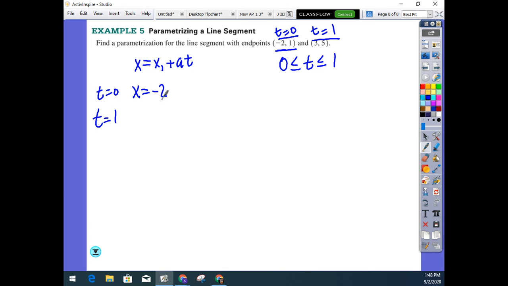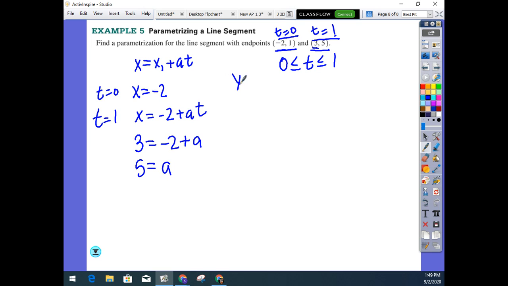We keep this general point from 0, and then we're going to use this point, this x and t is 1. So when x is 3 and t is 1, I get 3 equals negative 2 plus a, add 2. So it allows me to solve for a.